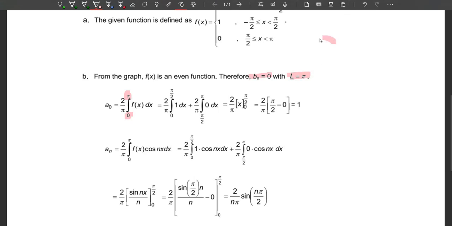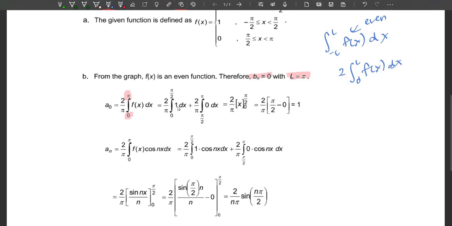Remember, the integral from negative L to L of f(x) with respect to x is equal to 2 times the integral from 0 to L of f(x) dx if f(x) is an even function. That's why we just use the function for half of the f(x).